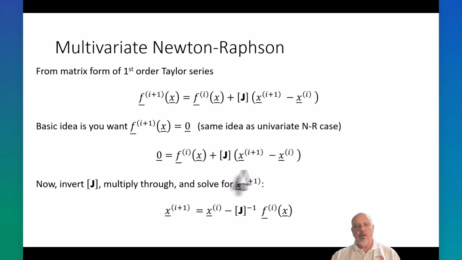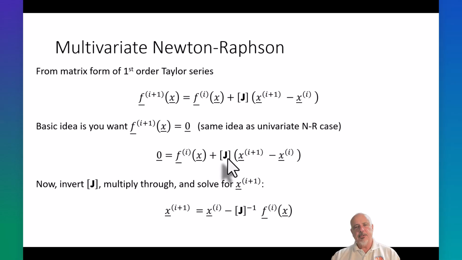So we take that equation just like we did for univariate Newton-Raphson, and then we solve for the next x iterate. And when you do that, you end up having to multiply through by J inverse, and that's how I get the J inverse times the current function iterates.